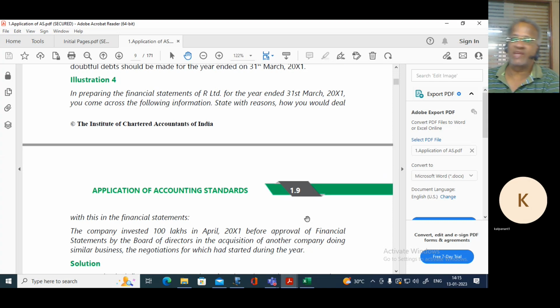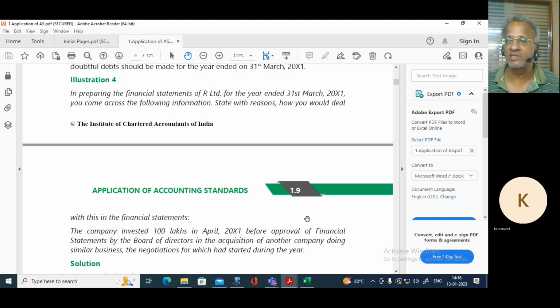So, whether this event has got something to do with any of the asset or liability on the balance sheet date. You have to tell yes or no. You cannot be nodding your head like that. You are investing after the balance sheet date. I am trying to connect this event with 31st of March figures of any of the assets and liabilities.